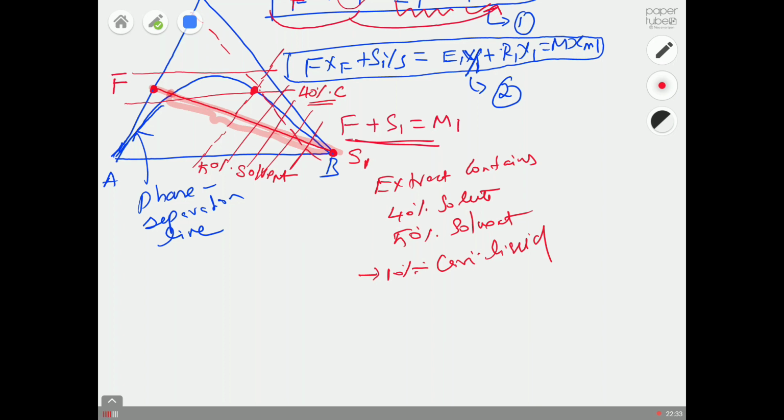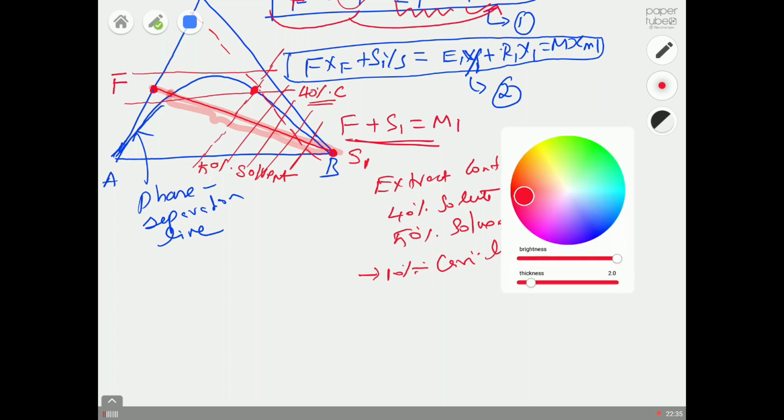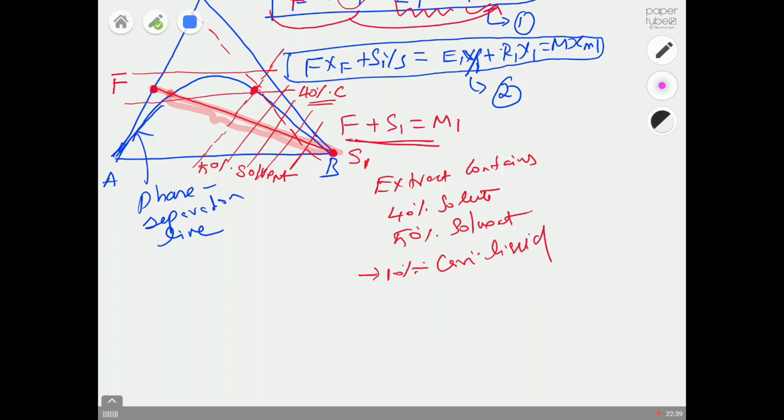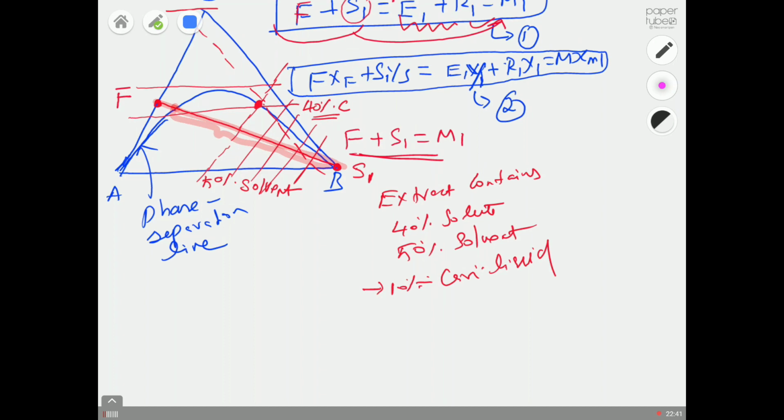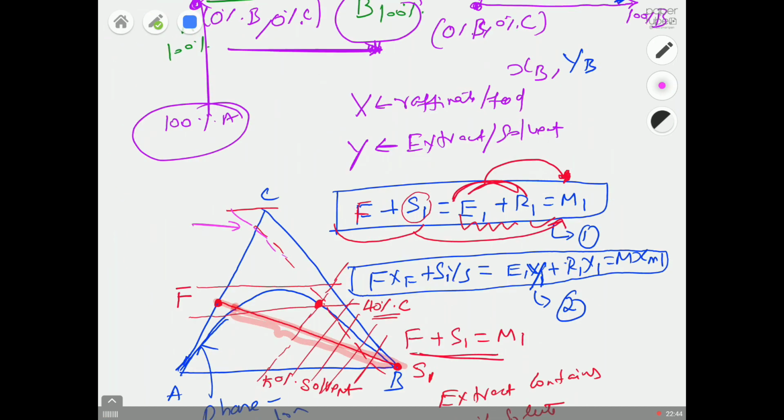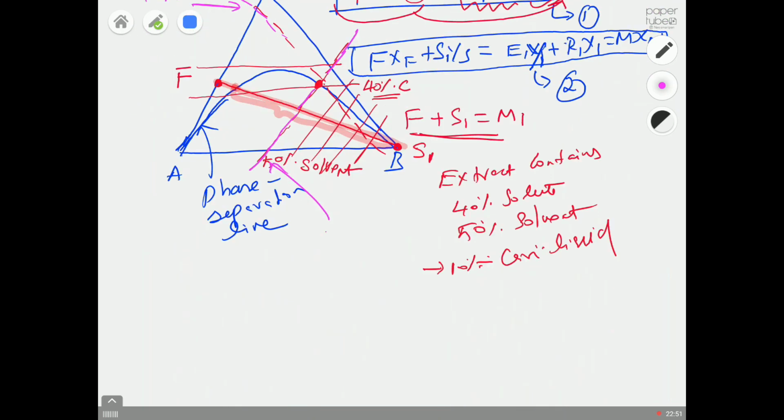So we can easily identify, just follow the blue line or maybe the pink line, and follow the pen. This will be 10% A, and the pink line which I am drawing now will be 50% of B, and then this line will be 40% of C. Which means you can locate it.